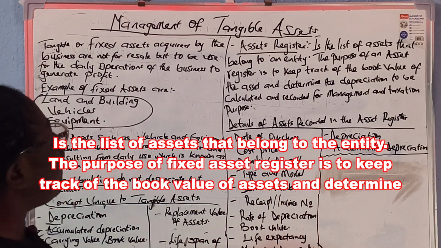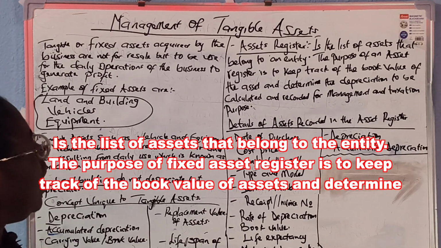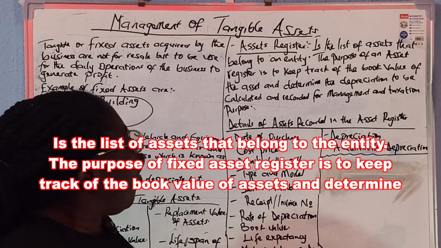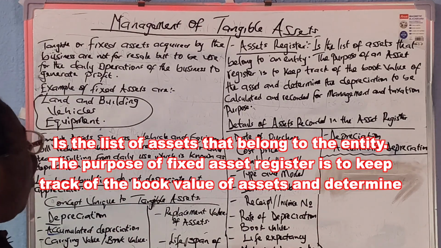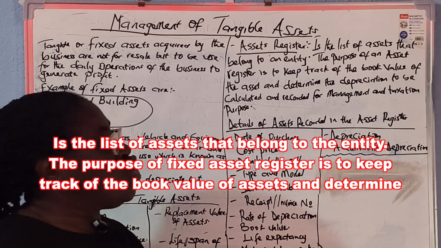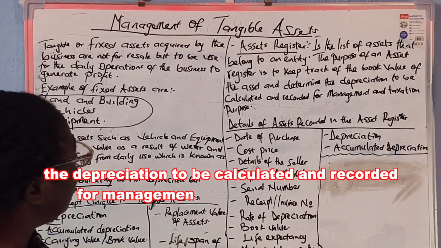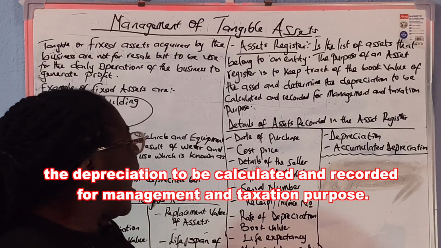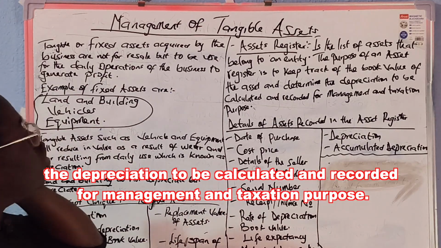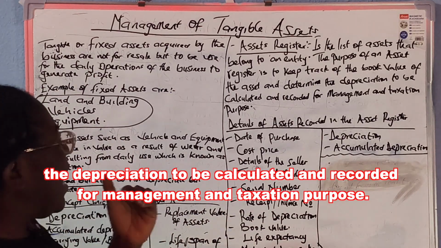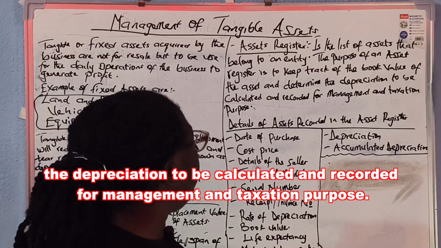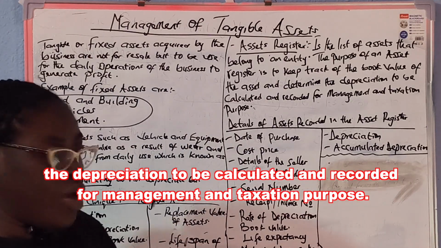The purpose of an asset register is to keep track of the book value of the asset, to determine the depreciation of the asset, and also to manage the asset for taxation purposes.